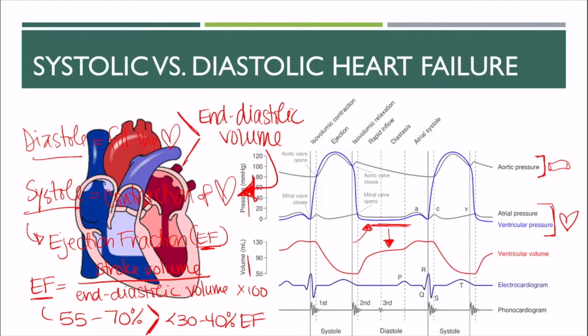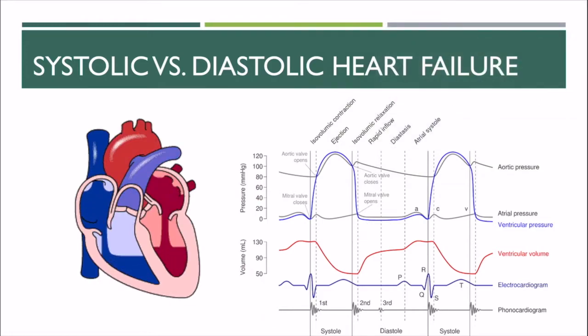Oh, I got to clear off all my chicken scratch here. I like this animation because one of the things I think we often forget is that during diastole, the blood is pouring through the atria and filling the ventricle the whole time.